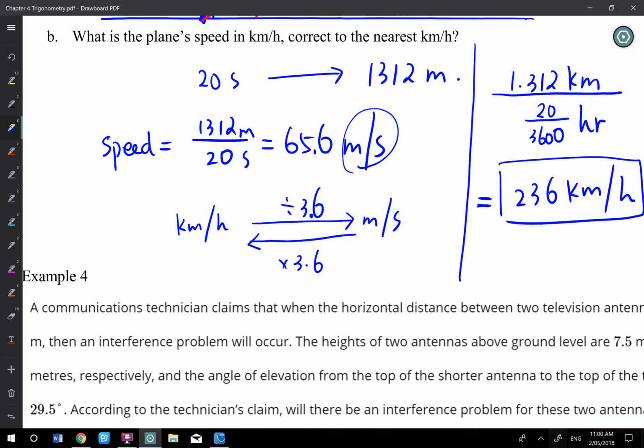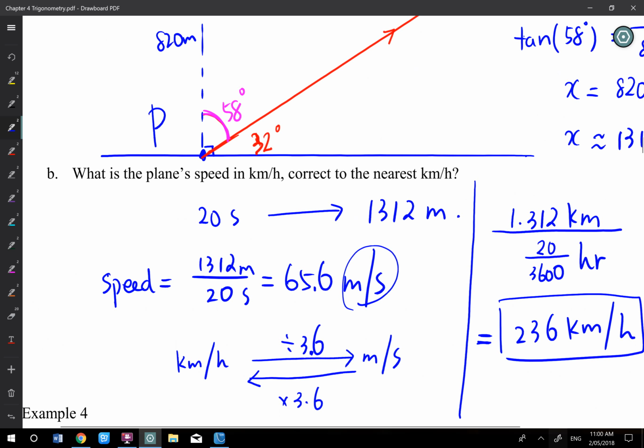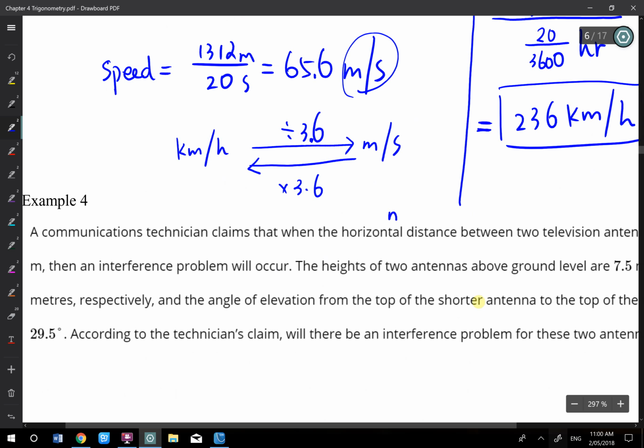Another question is, 1 meter per second and 1 kilometer per hour, are they the same speed? No. Which one is faster? 1 meter per second compared to 1 kilometer per hour.